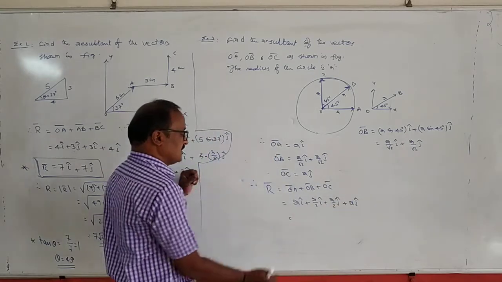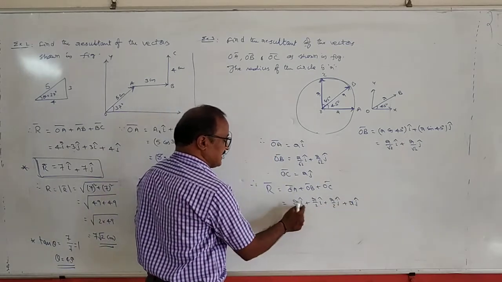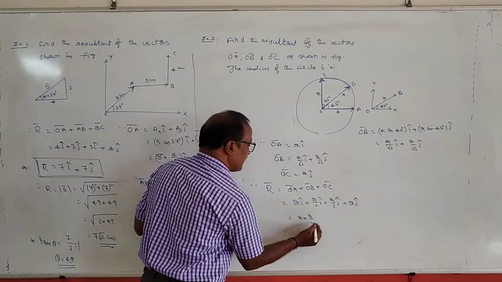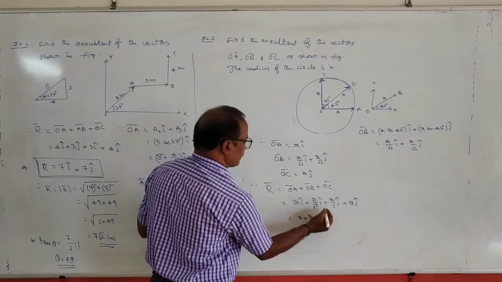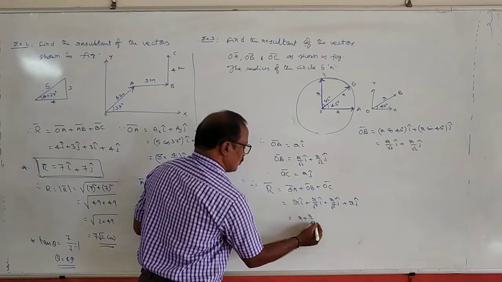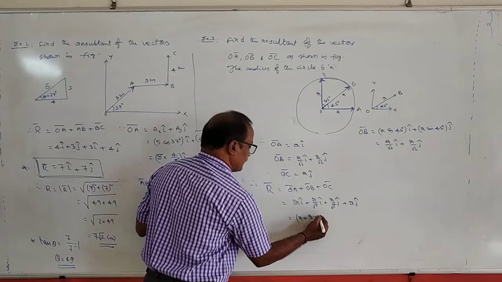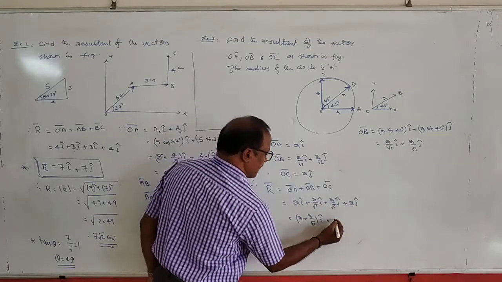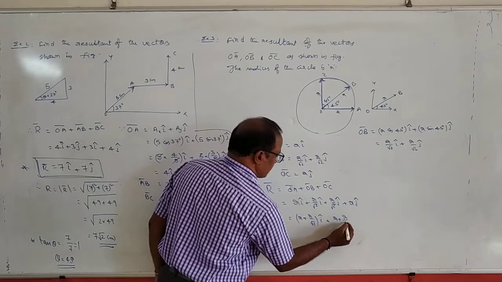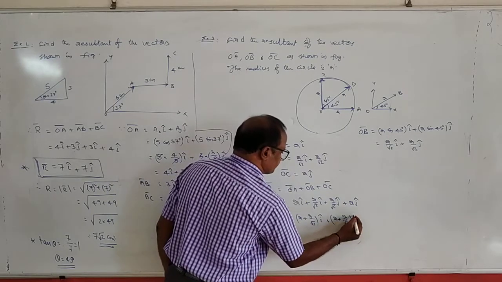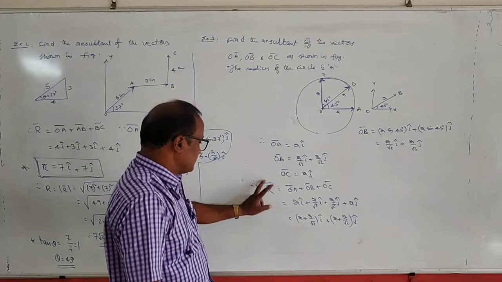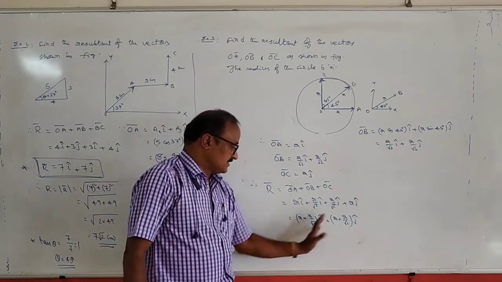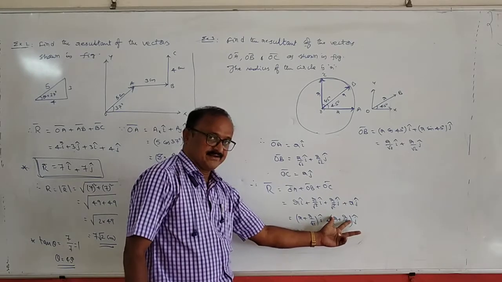Here in these, i cap is common, that means (r plus r by root 2) i cap, plus j cap is common, (r plus r by root 2) j cap. This r bar is equal to ax i cap plus ay j cap. This is ax and this is ay.